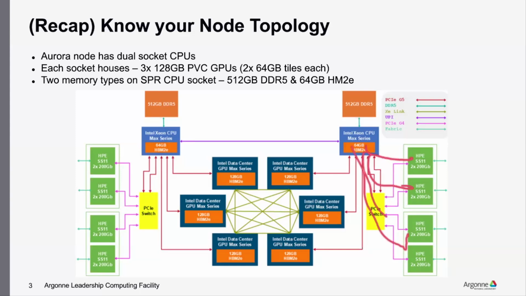This can make for awkward situations in terms of binding your processes to the cores, because there are 6 GPUs total, but 3 of them are attached to 1 socket, and there are 4 NICs. A common configuration is, as I said, using a single tile in each of these GPUs. That would mean there are essentially 6 effective GPUs that you're using, but only 4 NICs to send the communication out through. So that's something to keep in mind with your application. That might be a performance bottleneck for some people.